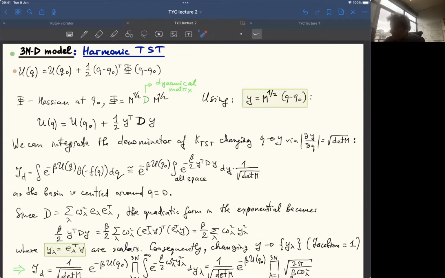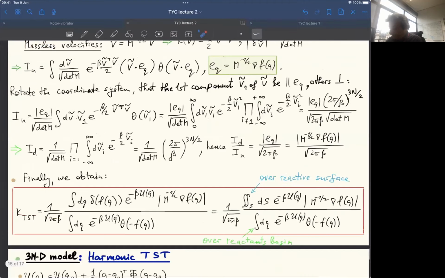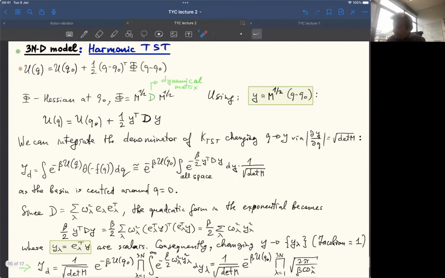If we are in the reactant basin, our initial state, we can assume that it's given by the harmonic potential. So this is a harmonic energy. This Φ is a force constant matrix as measured at the minimum of our reactant basin, basically here. It's a quadratic function of the displacements of my system from the equilibrium position Q naught.